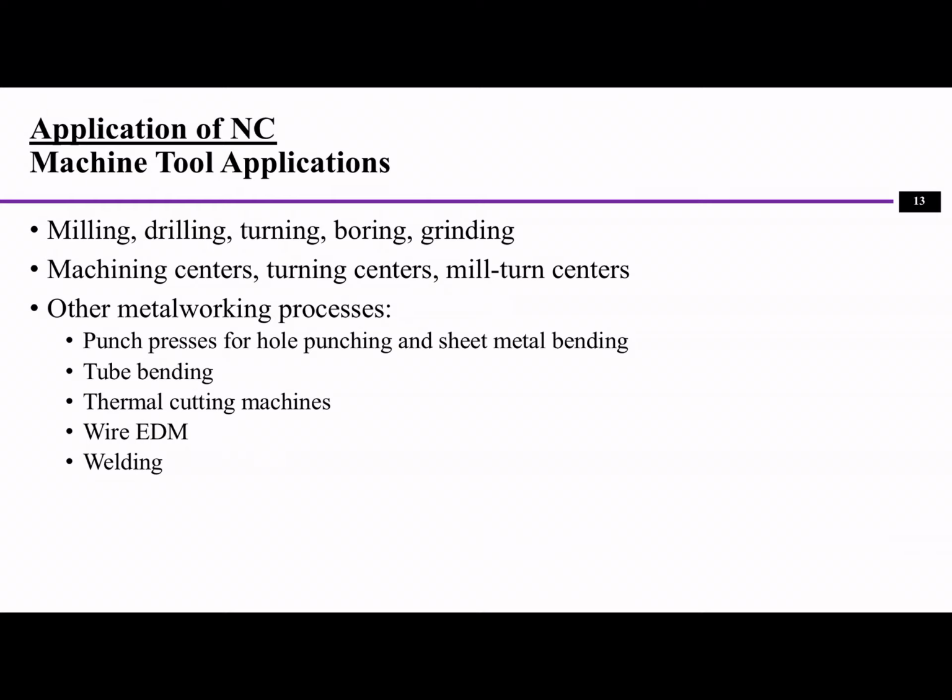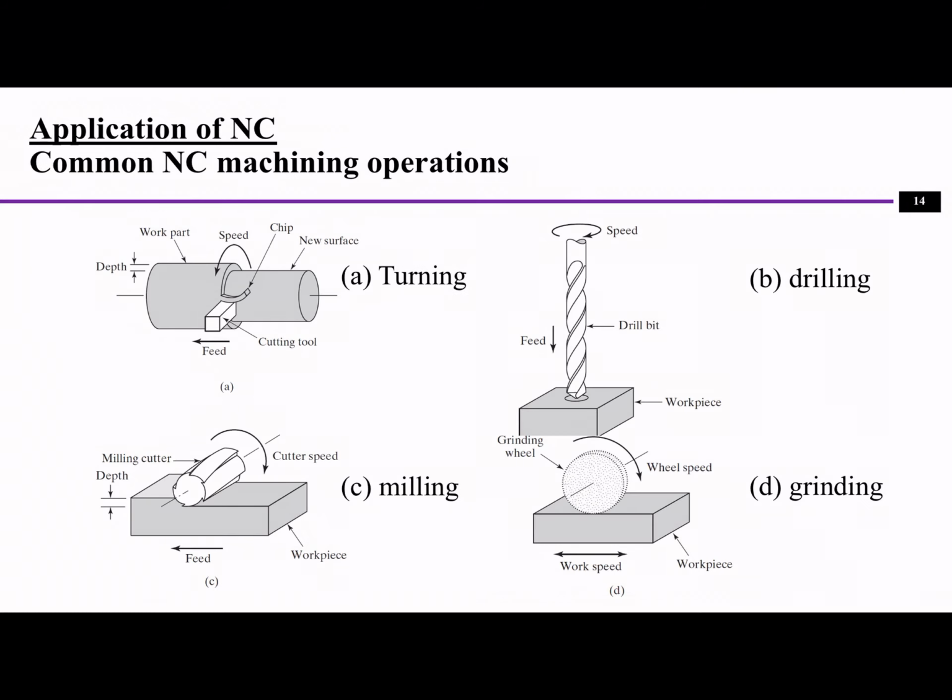Some other processes, especially related to metal working, are punching, bending, thermal cutting, wire EDM, and also welding. And these are some pictures of machining operations. We look at the turning, and we also looked at the milling process from the video.